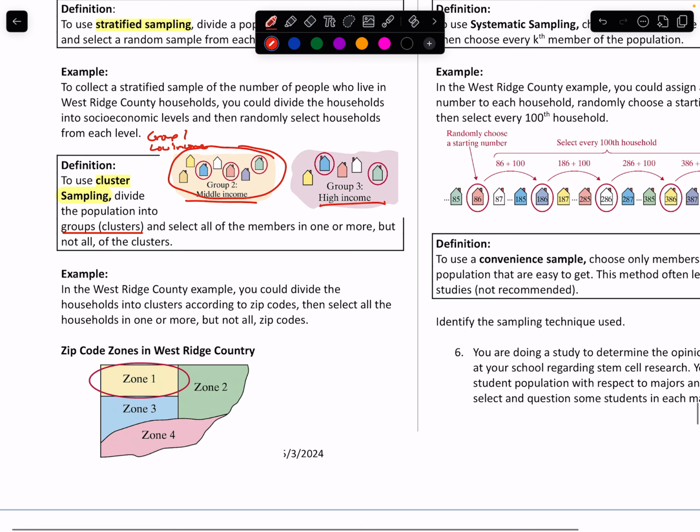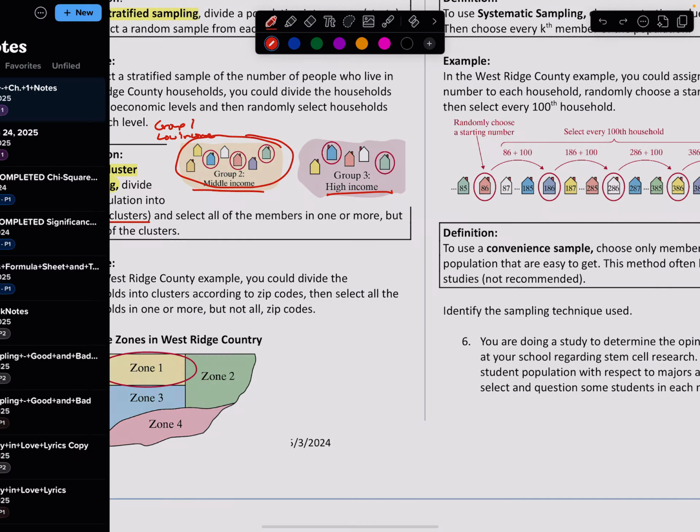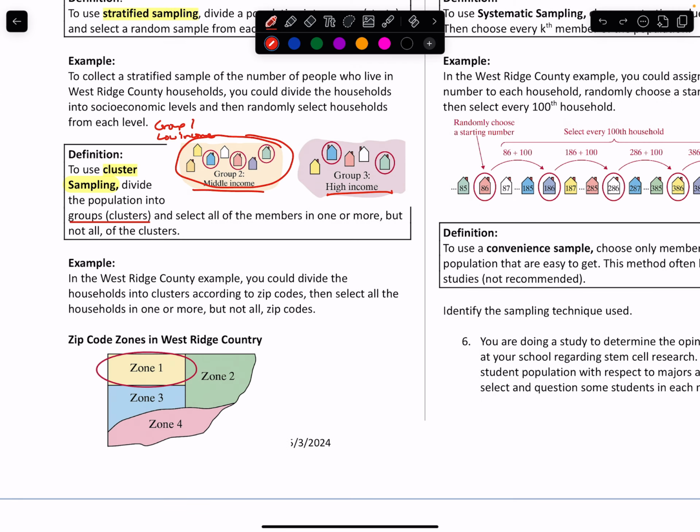In this particular case, it gives you another example. Let's say I take my county and we divide it by zip codes. If you live in Fresno, Fresno has maybe 5 to 7 different zip codes. We're going to separate it by zip codes, and then again roll a random number, and only use the people in, in this case, zone 1.